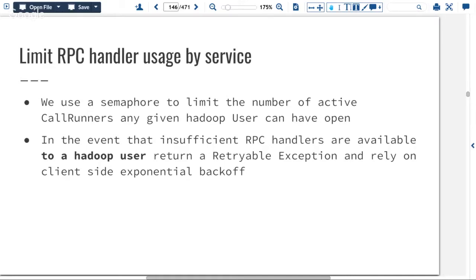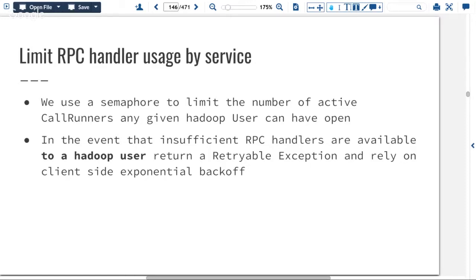So the solution we came up with was to use a semaphore on the call runner, which effectively limits the number of RPC handlers that any given service can consume on a region server. So if a Kafka worker was scaled up recently and suddenly starts slamming into region servers hosting that table, then they will just hit exponential backoffs, and other services will continue to use the region server none the wiser.